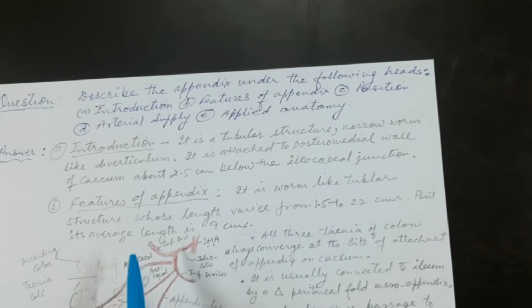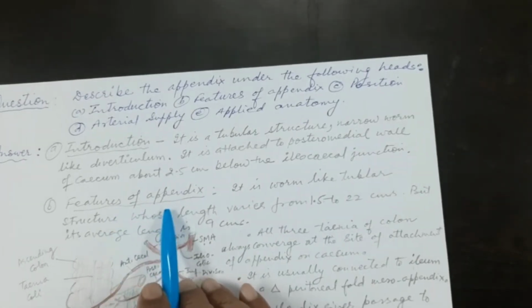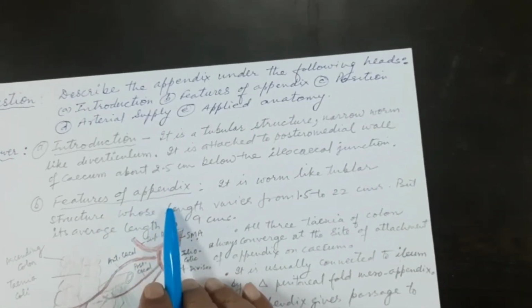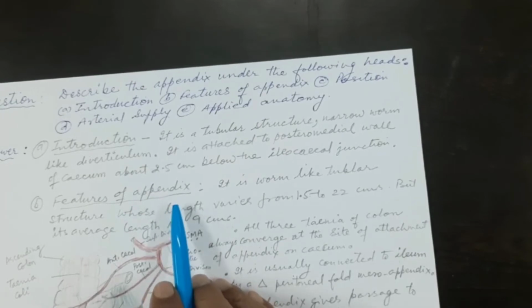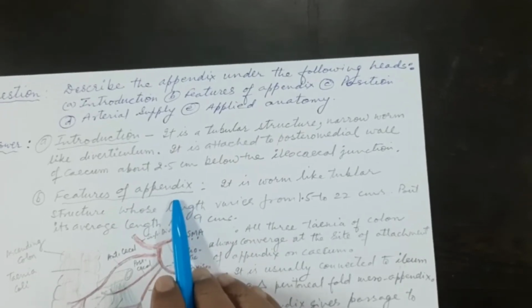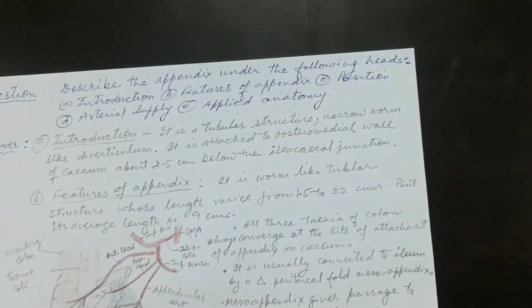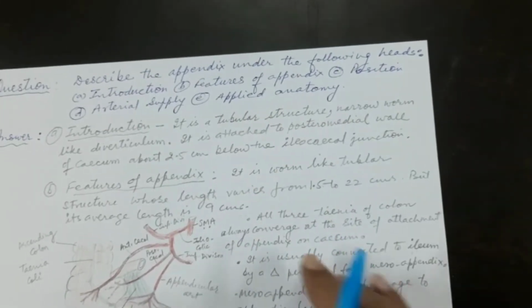Right, then coming to the features of the appendix. As I said, the appendix is a narrow tubular structure. So what are its features? It is a worm-like tubular structure whose length varies from 1.5 centimeter to 22 centimeter. A lot of variation is there.